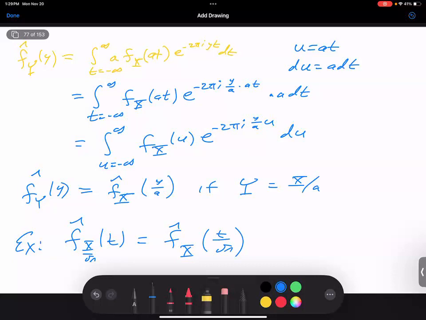So again, you've got to do these calculations slowly. But in principle, I hope you see that this is not a tough calculation. It's just chasing things down and not making a mistake. It's just constantly changing variables so that I can express the Fourier transform of the density of Y in terms of the Fourier transform of the density of X. And Y is just rescaling things, so it makes sense that they should be related. This is how they're related.